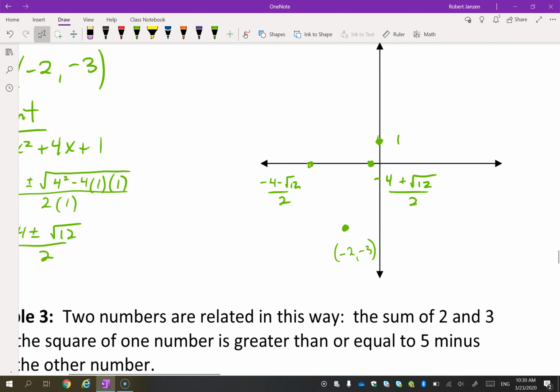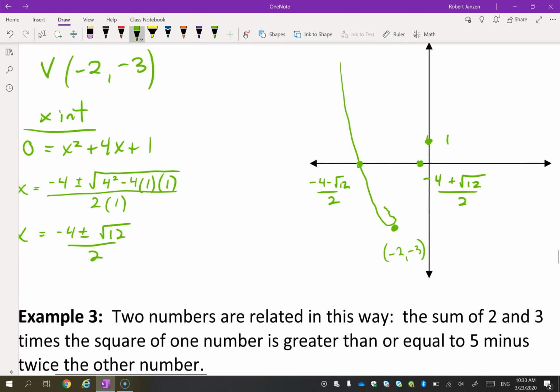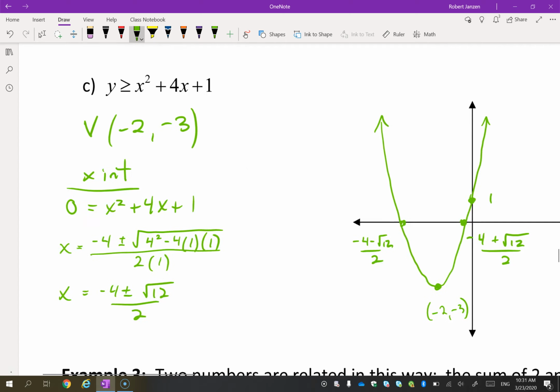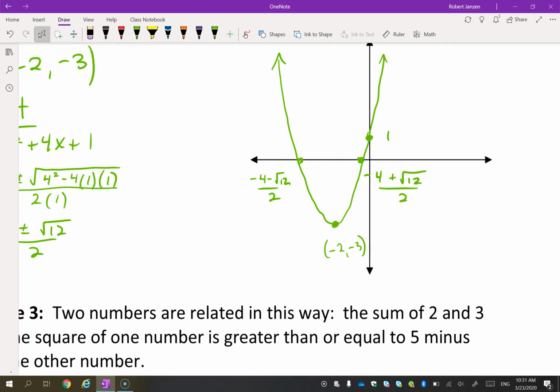And are we solid line here? And it says we're supposed to say greater than. So greater than is going to be above the line.